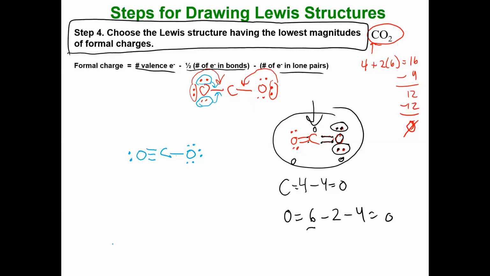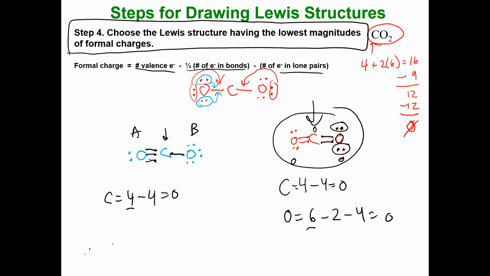If I come over here, the carbon still has a formal charge of 0 because it has 4 valence electrons, right? 1, 2, 3, 4, and I subtract the 4 bonds. 1, 2, 3, 4. It's 0. So carbon has 4 bonds, it's 0. So that's not what determines it. What determines it are the 2 types of oxygens and their formal charge specifically.